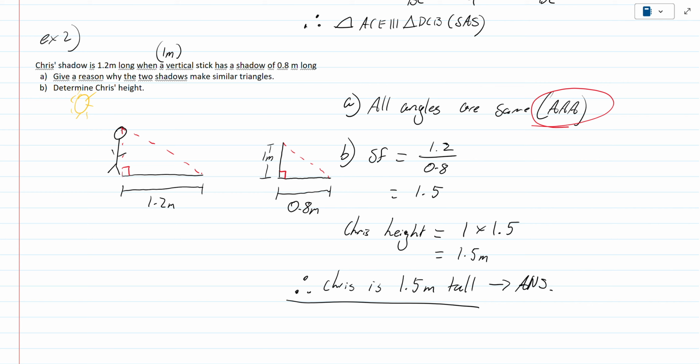For part B, we looked at the scale factor. We took the length of the shadow of Chris and the length of the shadow of the stick, divided them into each other, and realized that there's a relationship of 1.5. Chris's height is then equal to the height of the stick times the scale factor, which is the same because it's only 1 meter. So 1 times 1.5, 1.5 meters. Chris is 1.5 meters tall.